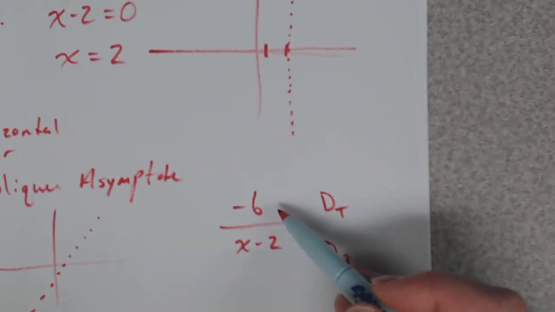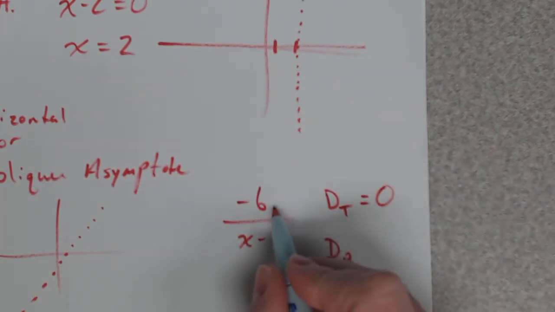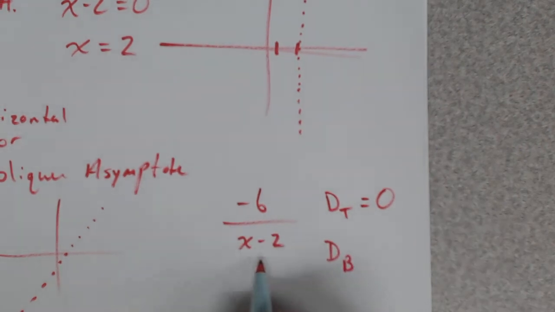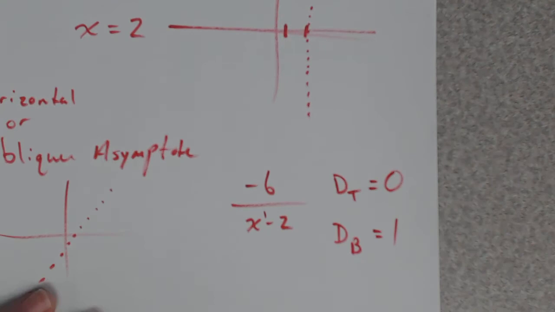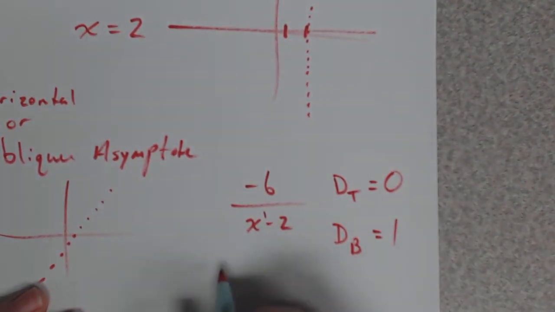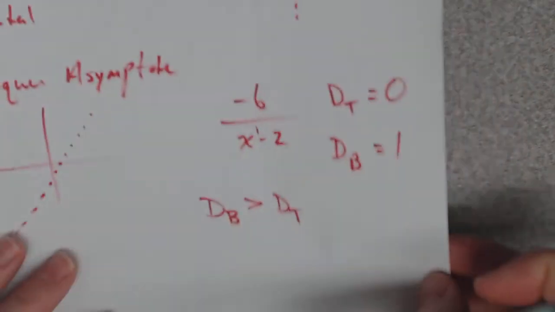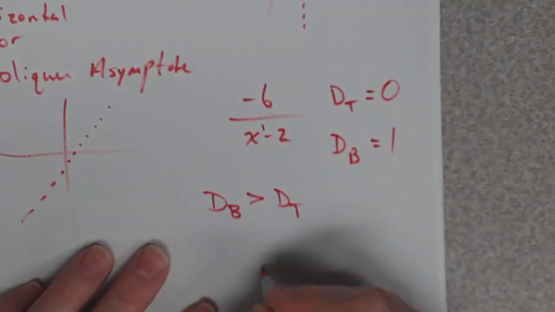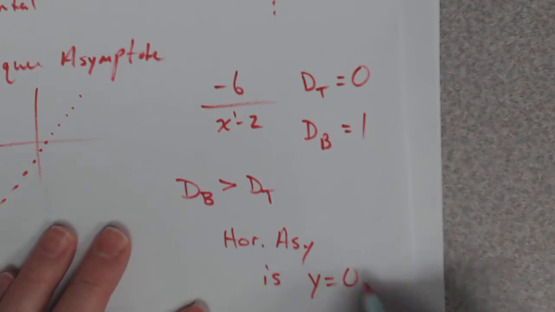Well, the degree of the top is 0. There's no x there, so the degree is 0. Now the x is here, the degree of that is 1. If the degree of the bottom is bigger than the degree of the top, then automatically every time your horizontal asymptote is y equals 0.